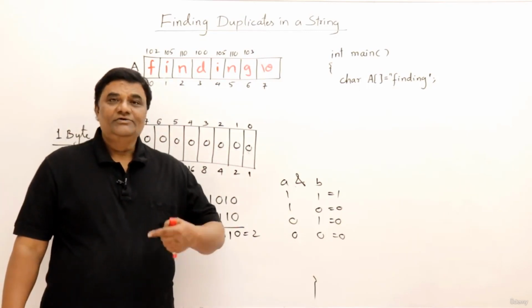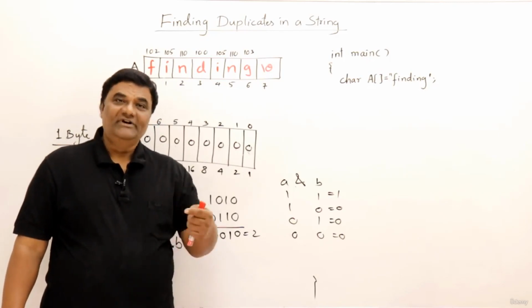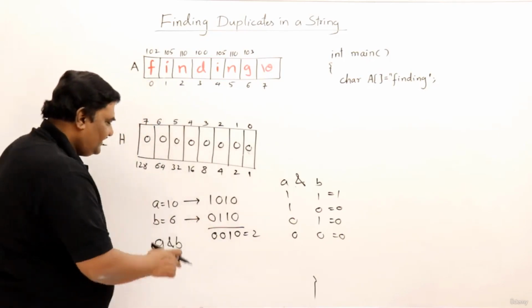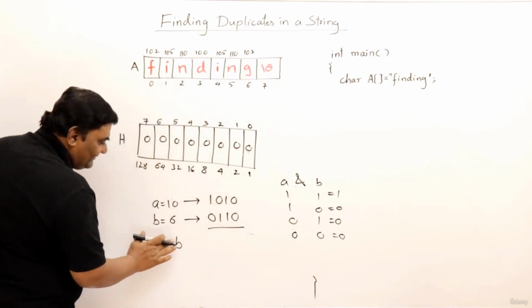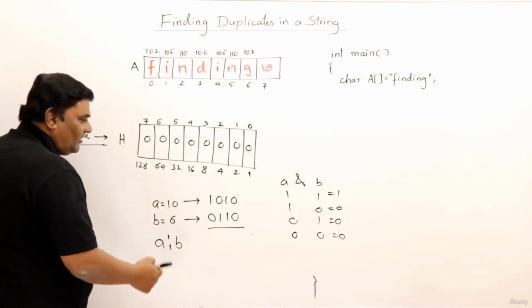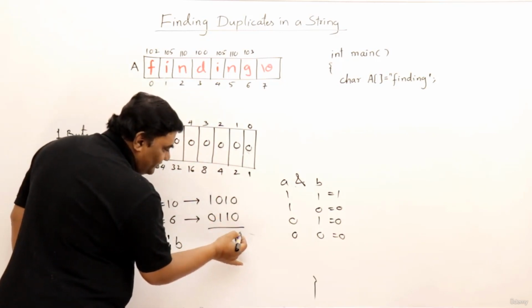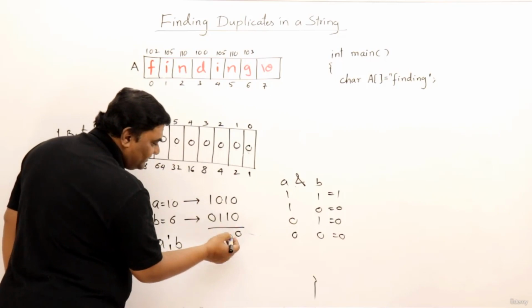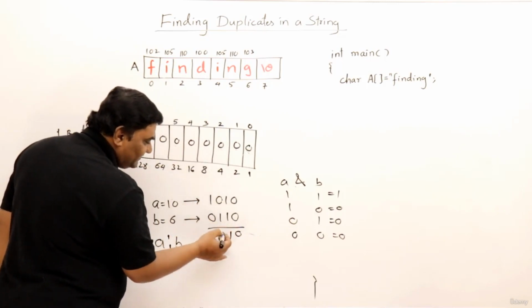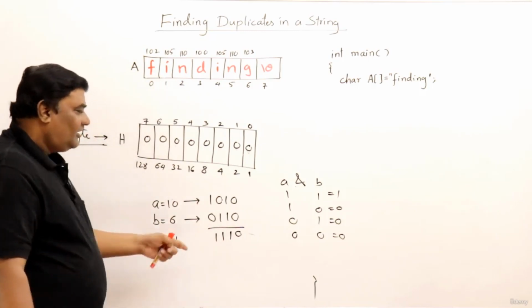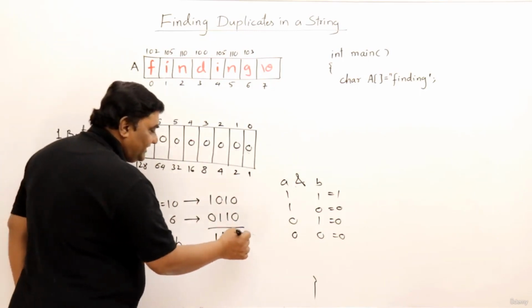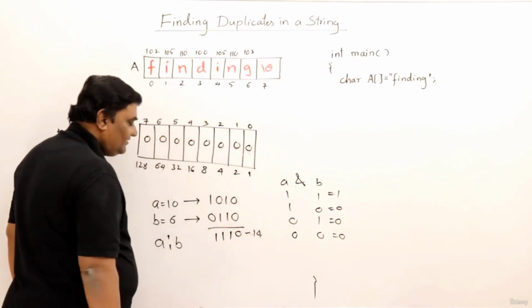Next, I'll show you the OR operation. Then we'll move ahead. Let us see the OR operation. See, same numbers. I'll remove this. Now, instead of ANDing, we are performing OR operations on the bits. Then OR means what? 0 or 0, 0 only. 1 or 1, 1. 0 or 1 is also 1. 1 or 0 is also 1. Then how much is this? This is 14 in the decimal number.